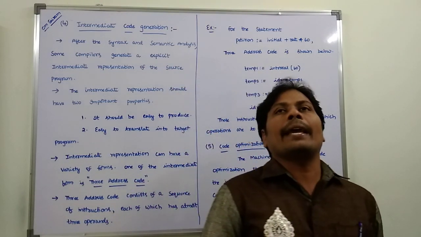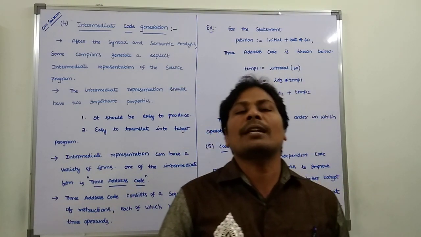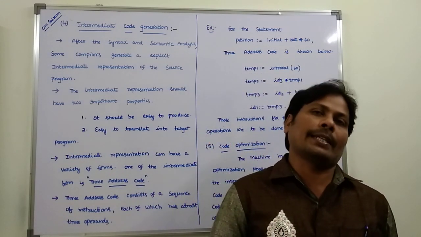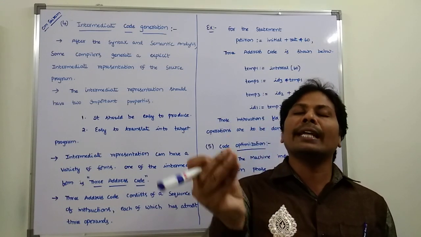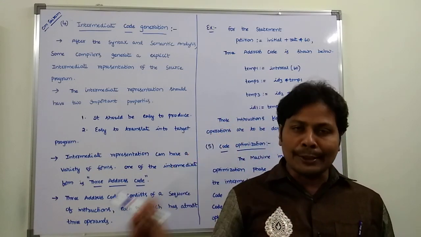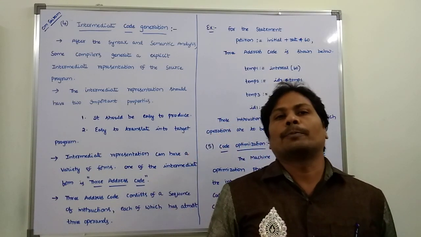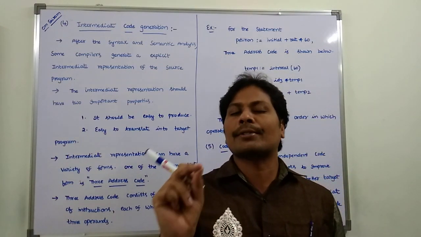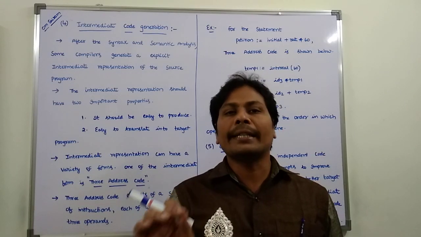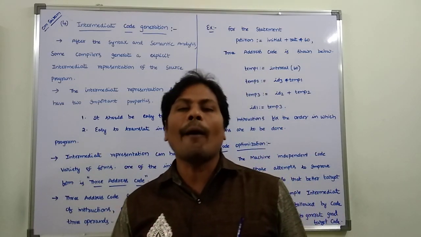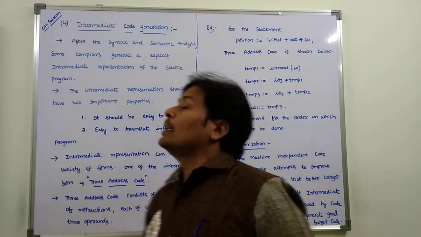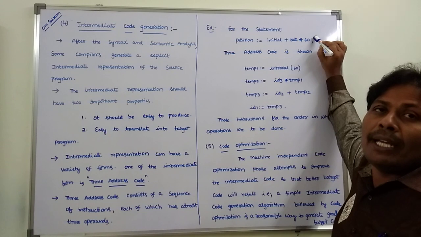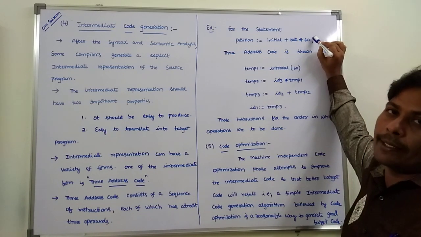Suppose we take a given statement, position is equal to initial plus rate into 60. How are we converting this statement into three address code? Three address code means each and every instruction or statement contains at most 3 operands. So this statement can be converted into three address code.